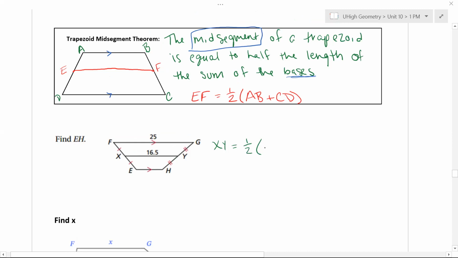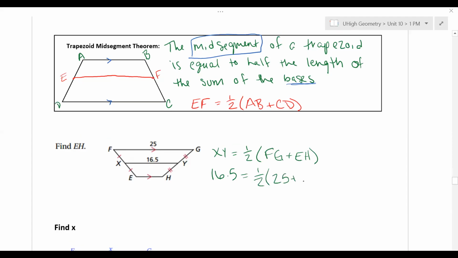So 1/2 of FG plus EH. Okay, so XY I know is 16.5. And I also know that FG is 25. So I'm going to substitute those two values into the equation that I know.